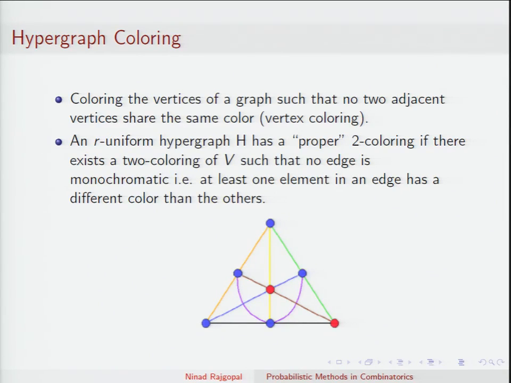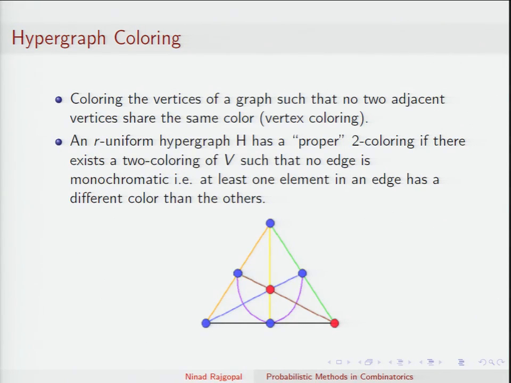Another way we can look at is, you pick every edge, and every edge has at least one element with a different color. So I'll be looking at the second version, where a two coloring of a hypergraph is proper if whenever I take an edge, it contains at least one element having a different color.